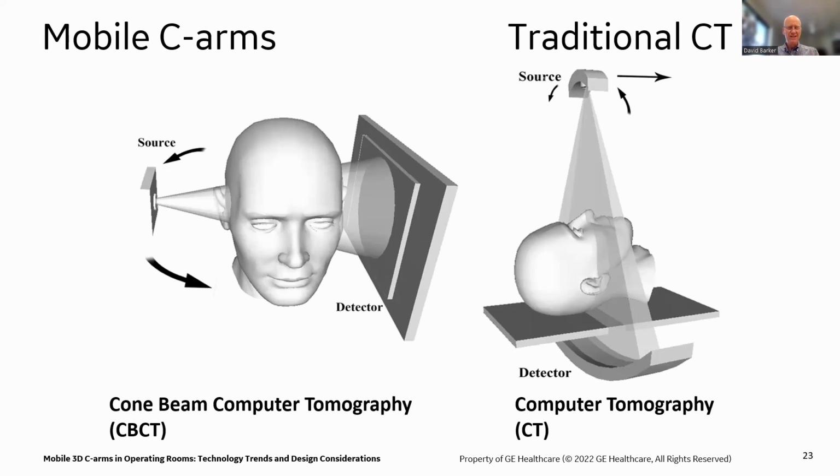So for most systems, the 180 degrees plus the width of the detector is going to require about 194 to 198 degrees of travel. More travel is better, but 196 is a good number to think about as the minimum amount of travel if you're going to have a C-arm be used to gather all the images that you need for a cone beam CT.